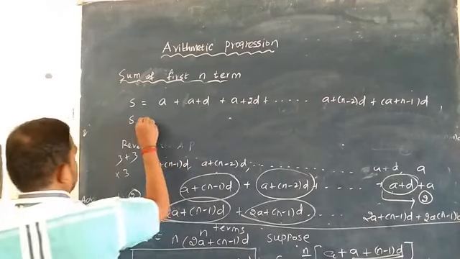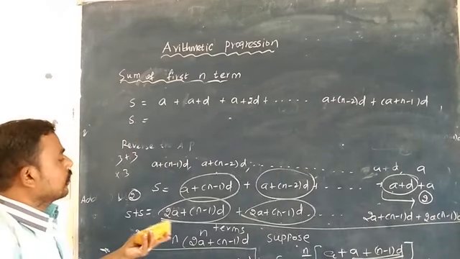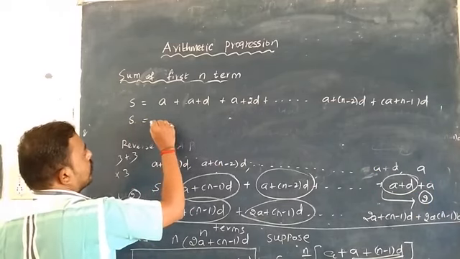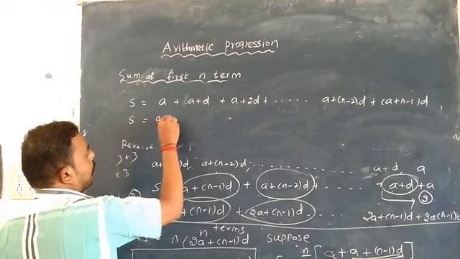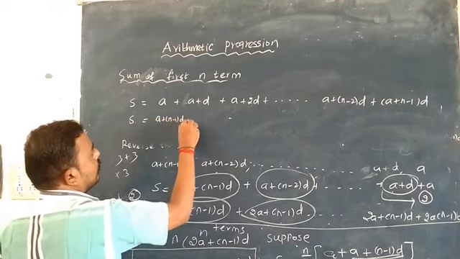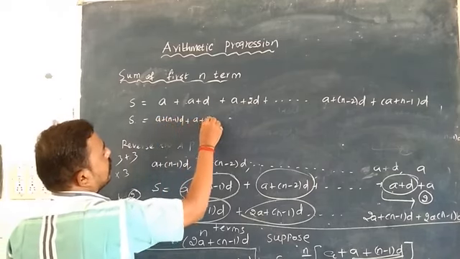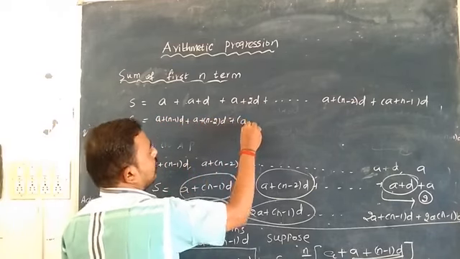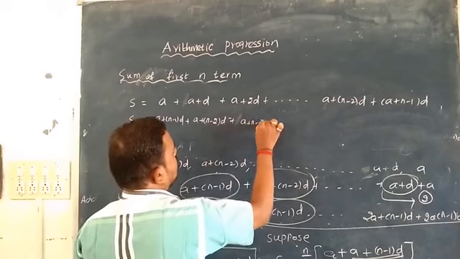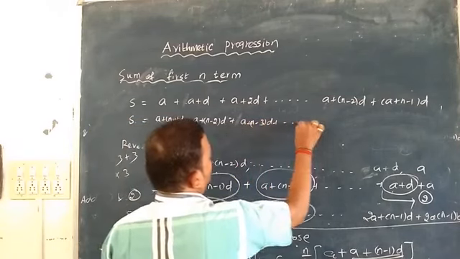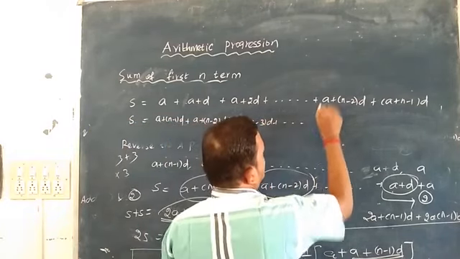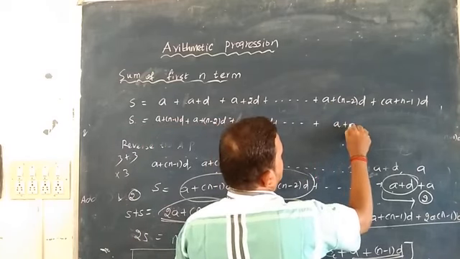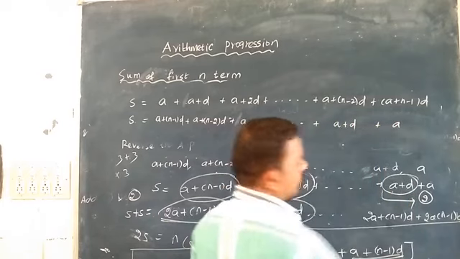Next, the same S equal to reversing this: (a plus (n minus 1) into d) plus (a plus (n minus 2) into d) plus (a plus (n minus 3) into d) and so on, plus (a plus d) plus a.